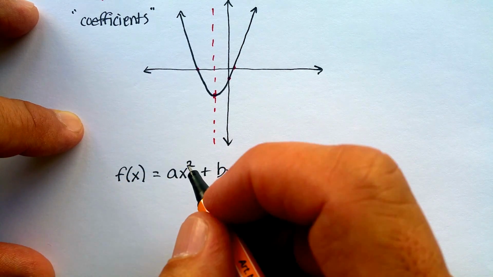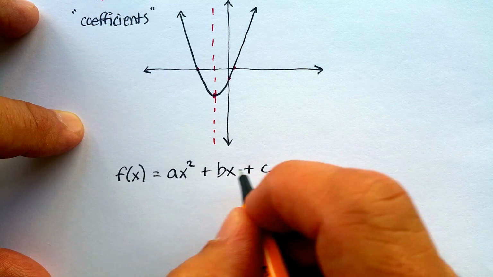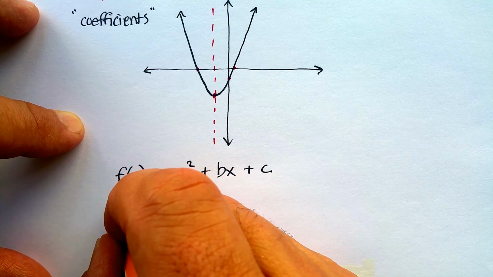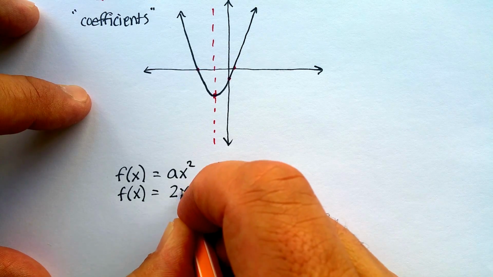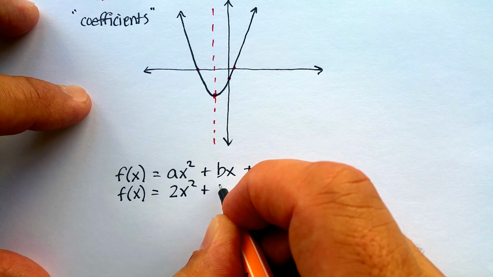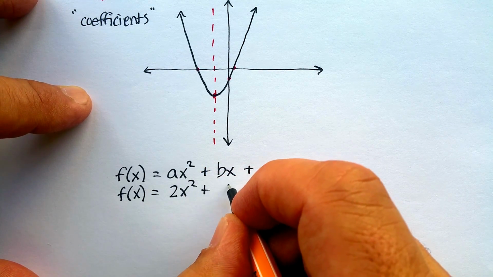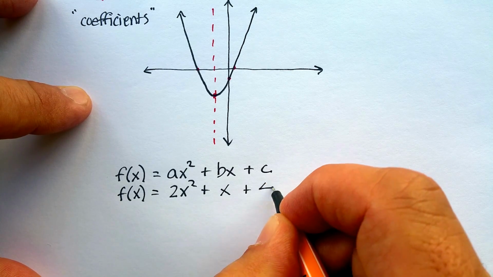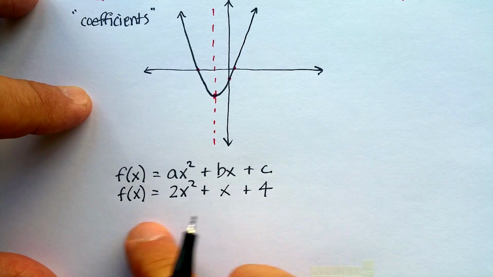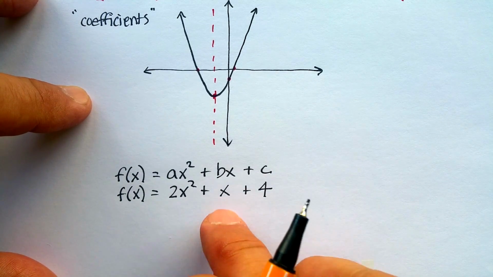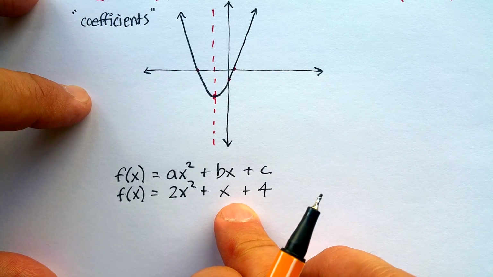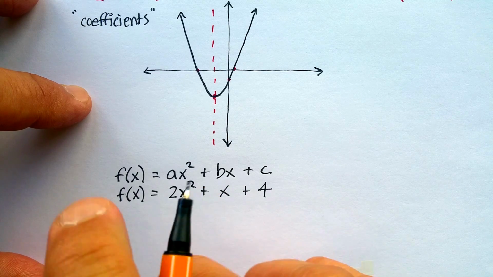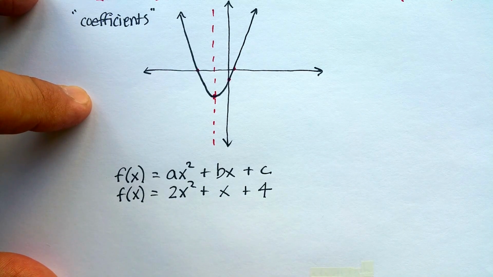If I were to give this an actual equation with the a, the b, and the c having numbers, I would say f of x would be equal to something like, let's just make one up, 2x squared plus x plus 4. Identify what the vertex is from this particular quadratic function. Well, the first thing I would have to do is identify the a, the b, and the c.